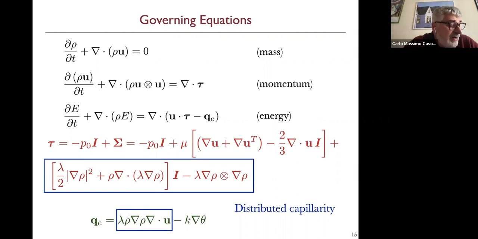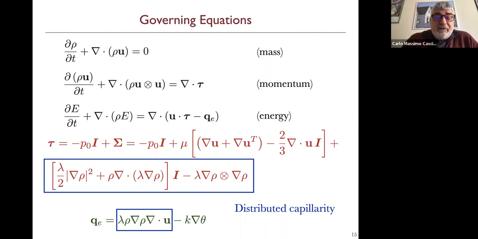The presence of this sharp change in density across the interface introduces distributed capillary stress, which overall accounts for the surface tension that macroscopic sharp interface models are taken to describe at the interface between the liquid and the vapor.